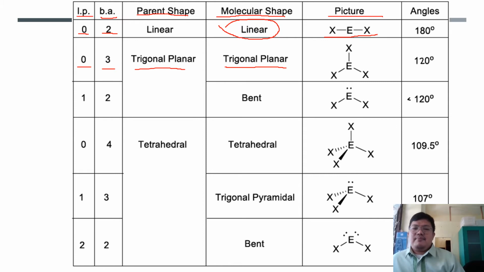This is the parent molecule, letter E. And as you can see here, there are three bonded pairs. 1, 2, and then 3. So pag ganyan yung nakita mong molecule, the molecular shape would be trigonal planar. Na pero kung meron siyang isang lone pair, tapos dalawa yung bonded pairs niya, yung shape niya medyo bent.